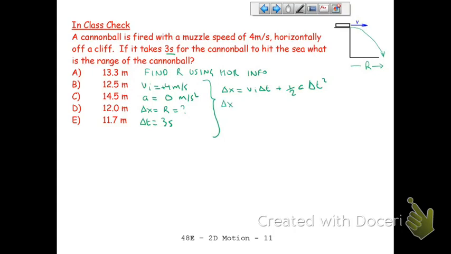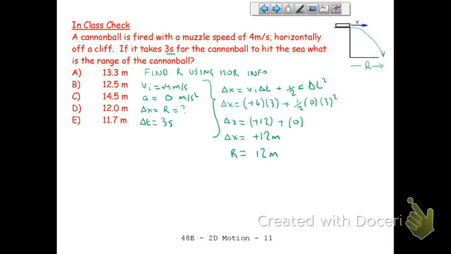So delta x is equal to, then just put our numbers in, plus 4 times 3 plus 1/2 times 0 times 3 squared. So delta x is equal to plus 12 added to 0. So delta x is equal to plus 12 meters. And to be nice, I'd say R is equal to 12 meters.